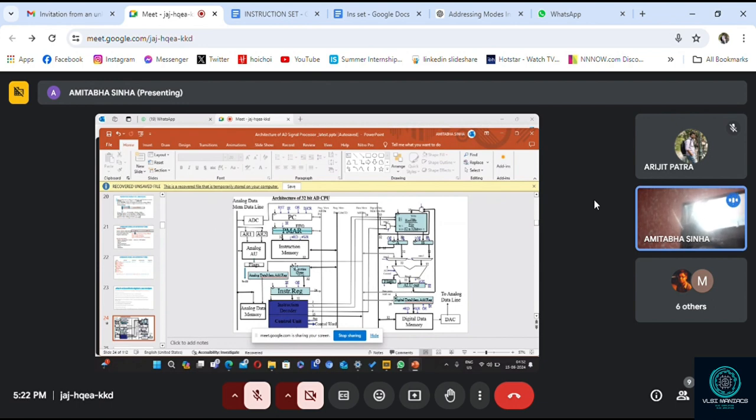But for analog we call it only an analog unit, because an analog logical unit, at least to my knowledge, is not there. Logical means it should be digital. So that's why I called it analog AU, analog arithmetic unit.